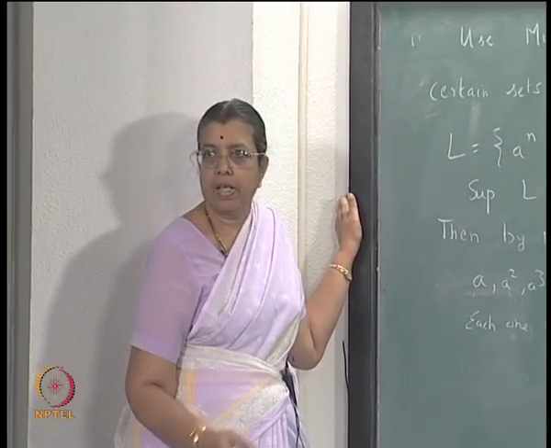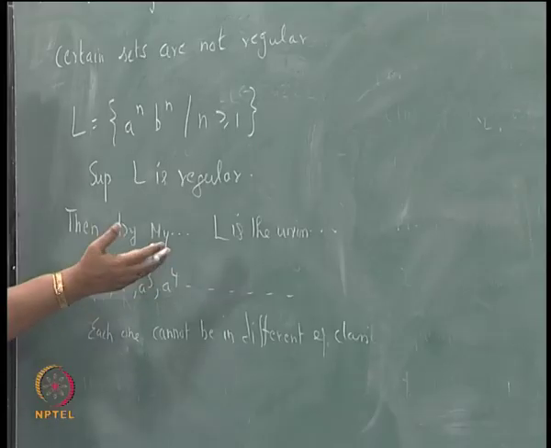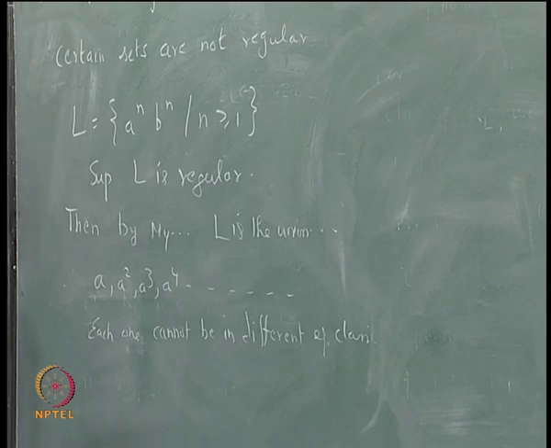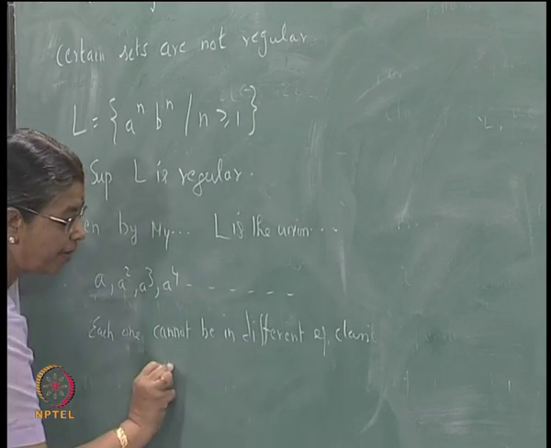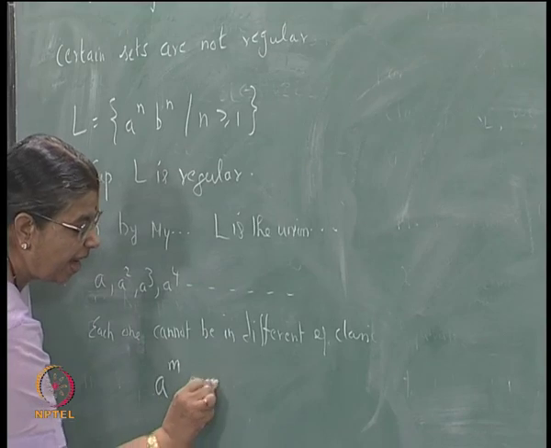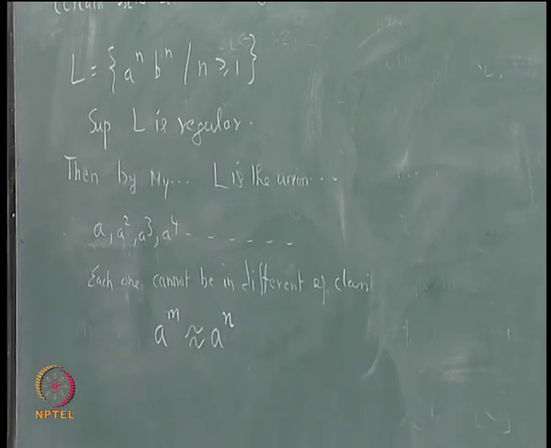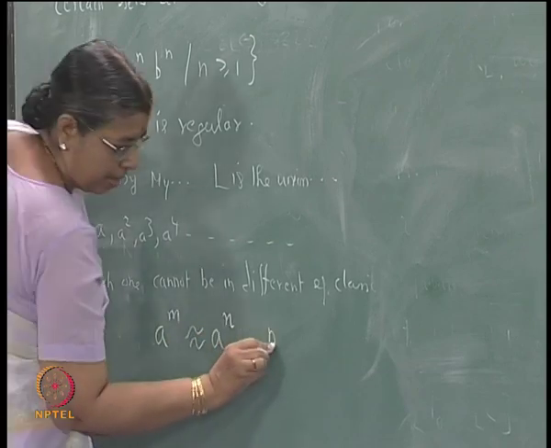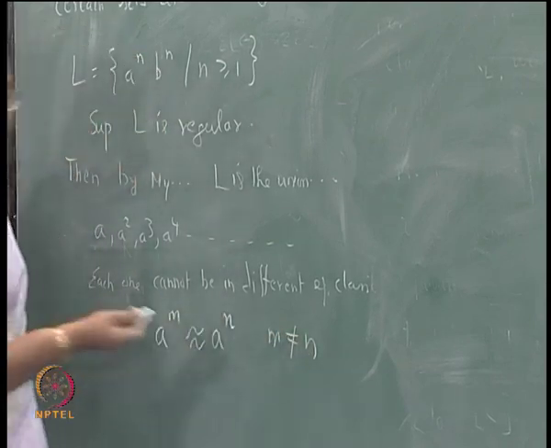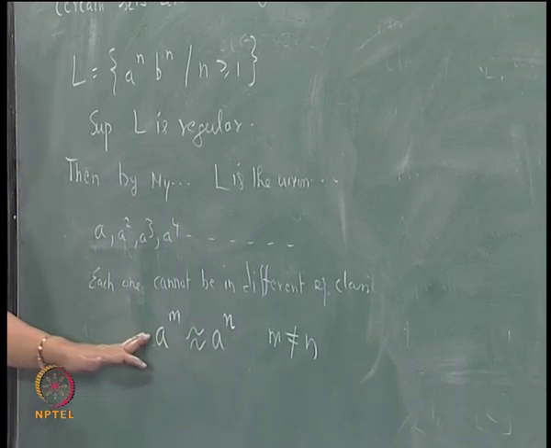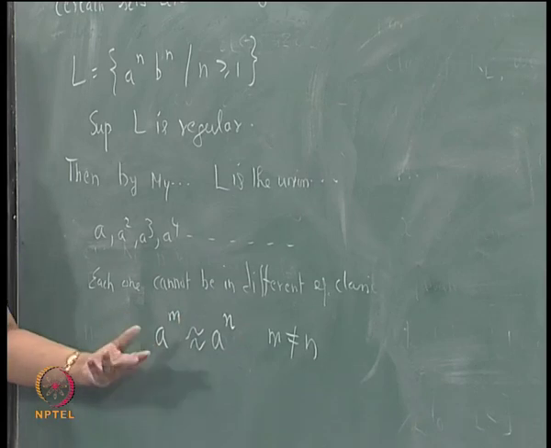You have a squared, a power 4, etc. All of them cannot be in different equivalence classes, some of them have to be in the same equivalence class, right. So, for example, a power m and a power n, for some m and n, m not equal to n, they are in the same equivalence class. You write it in this symbol. a power m and a power n are in the same equivalence class.